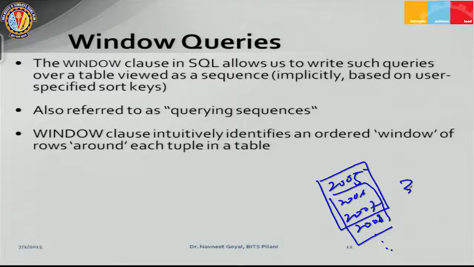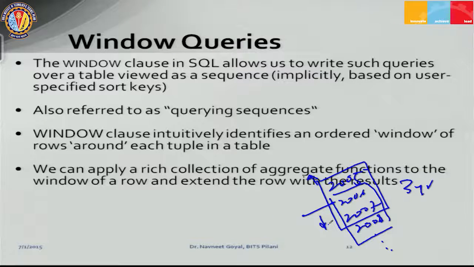So I can get what is called a 3-year moving average. So with 2006 being at the center, I can go one here and one here, right? One before and one after, or two before and two after, or it need not be symmetric also. So you can go 1 year back in time and 2 years ahead in time, right? Not ahead in time, but from the point of reference. So here it is 2006.